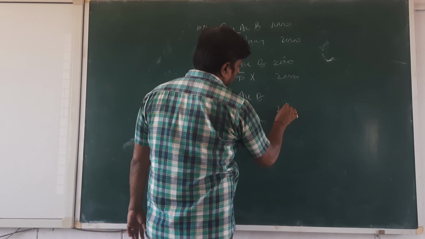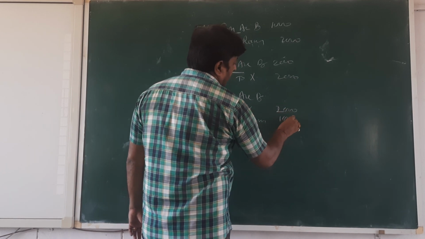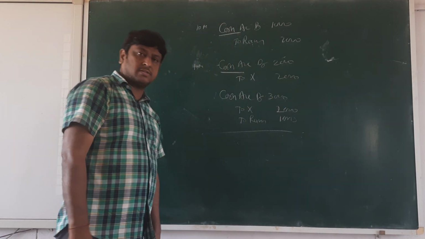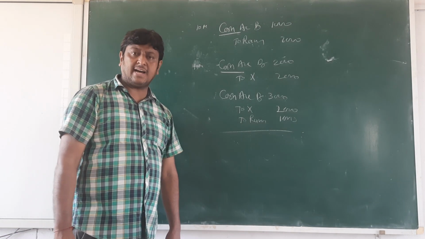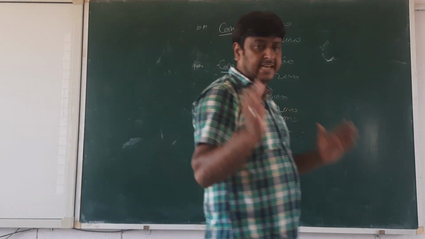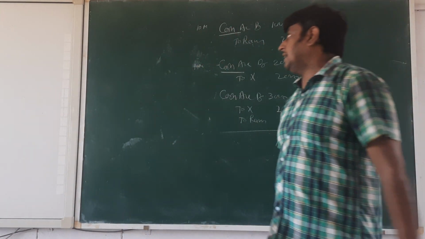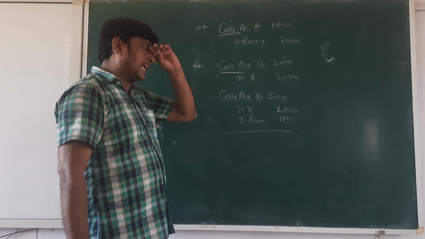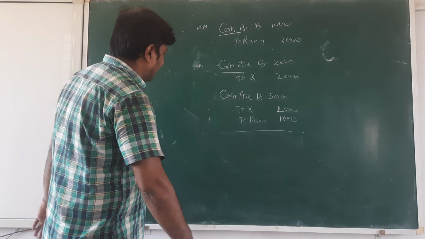X 2000, Ram 1000, and the total amount is 3000. This is called a compose or combined entry. When the date is the same and the same account is debited or credited, then we can compose combined entries.